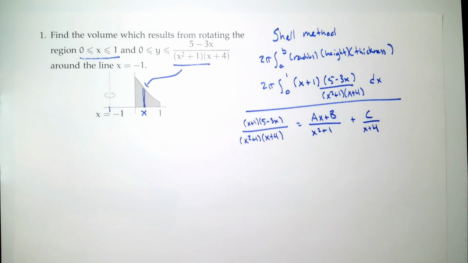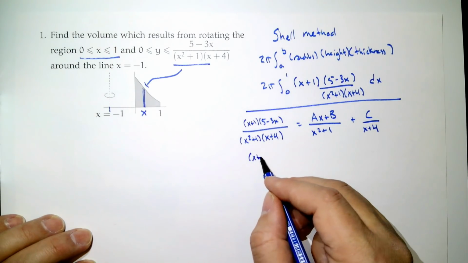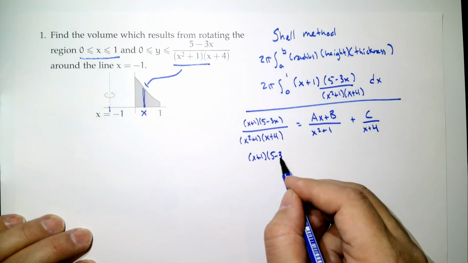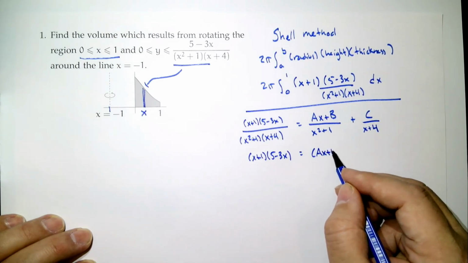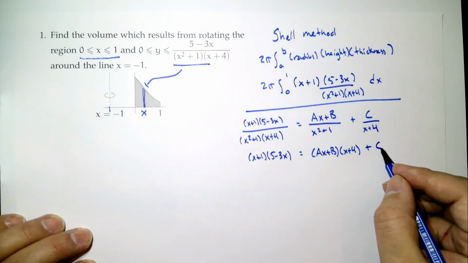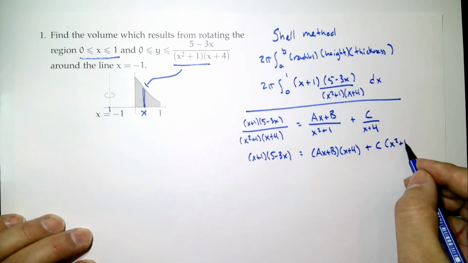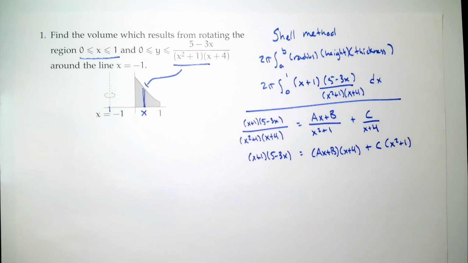Well, now I need to find my constants. To find them, I clear my denominator: (x + 1)(5 − 3x) = (ax + b)(x + 4) + c(x² + 1).